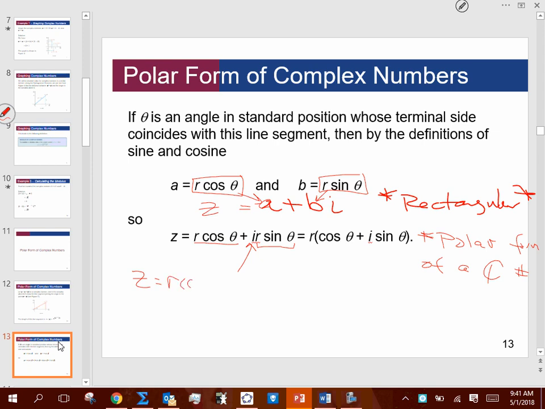We go r cosine theta plus i times r sine theta. Okay? You also have the ability, since they both have r in them, to factor that r out. And this is one of the ways that WebAssign is going to predominantly ask you to type your answer in. You've got r factored out, and then cosine theta plus i sine theta.